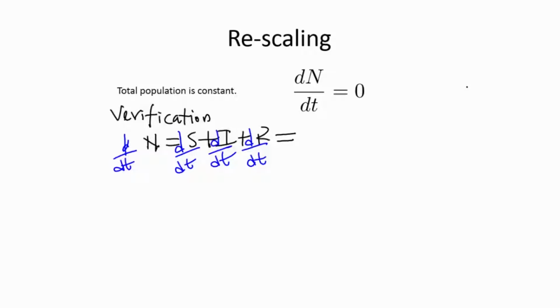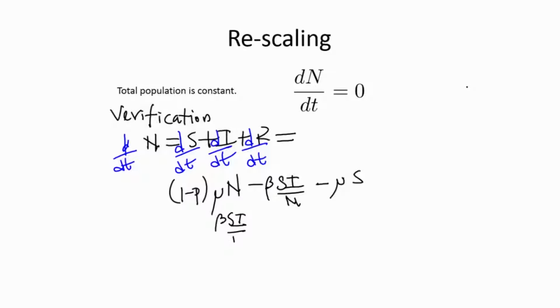So what we find is the derivative of S is 1 minus p times mu times n minus beta S times I over n minus mu S. Derivative of I is beta S I over n minus gamma I minus mu I, and the derivative of R is p mu n plus gamma I minus mu R, right?